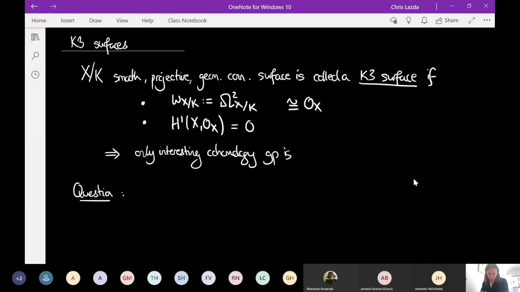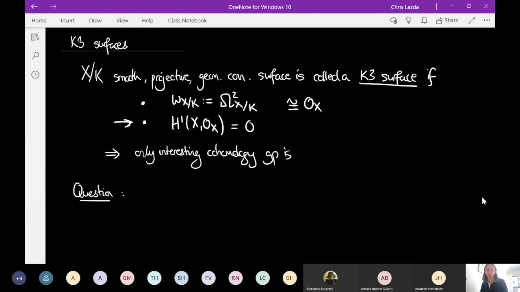And it follows from the definition of the K3 surface that it basically only has one interesting cohomology group. So this second condition here implies that the Picard scheme has to be etale, so its first etale cohomology group has to vanish.